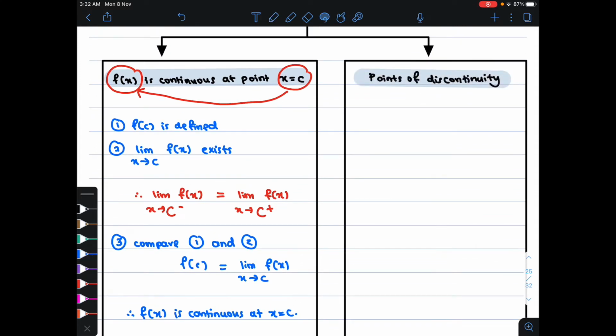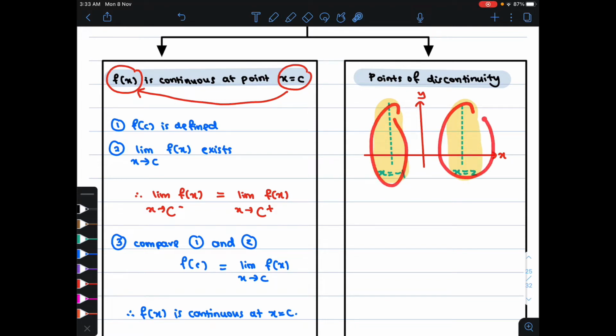The second part is finding the points of discontinuity. Just imagine that you have this x-axis and y-axis, and say that you have a vertical asymptote at x equal to -1 and x equal to 2. Note that when there are vertical asymptotes, this means that there is no graph at x equal to -1 and x equal to 2.